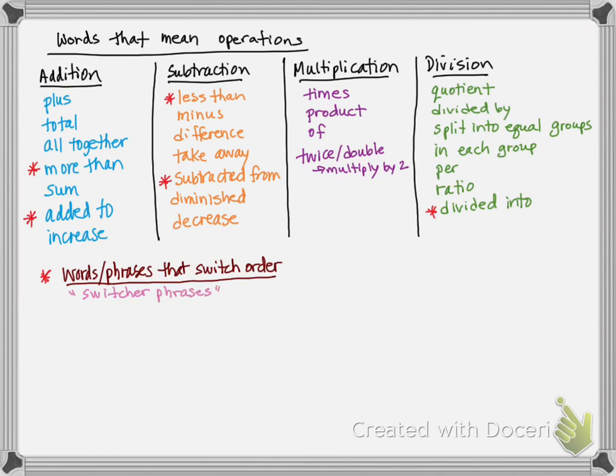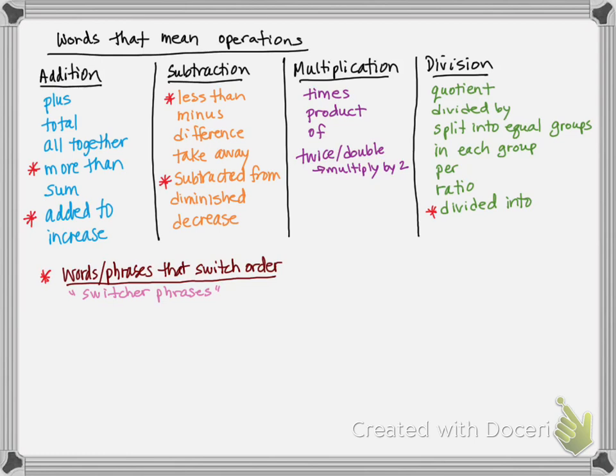So if you're saying, I have 6 more than 12, well, think about it. You started with 12, and now you're going to add 6 more. 2 subtracted from 7, well, I had 7, but I'm now going to take 2 away from it. So the first number is actually coming after the operation.